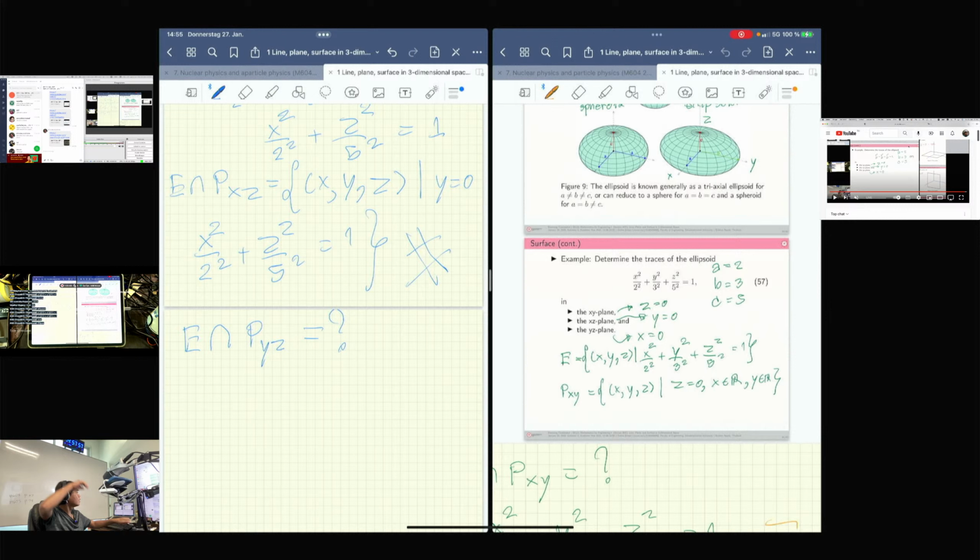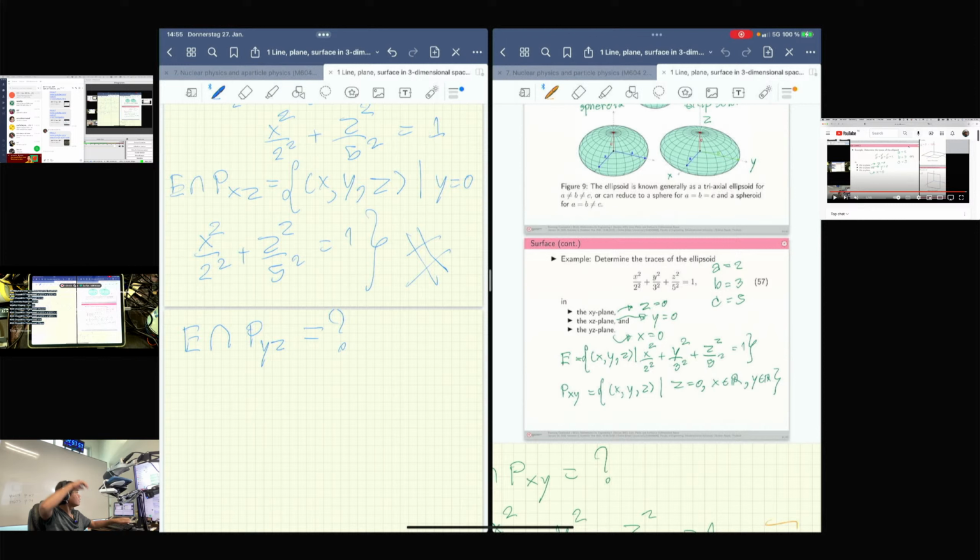x equal to 0, that's equation number 4, and we solve 4 and 1 for y and z. Let's solve this.